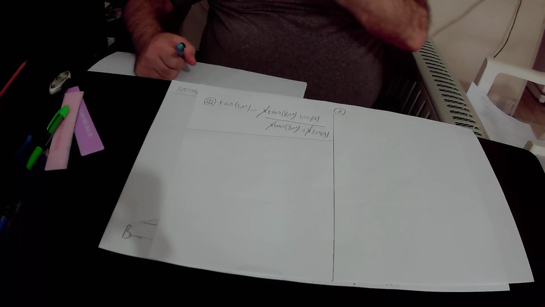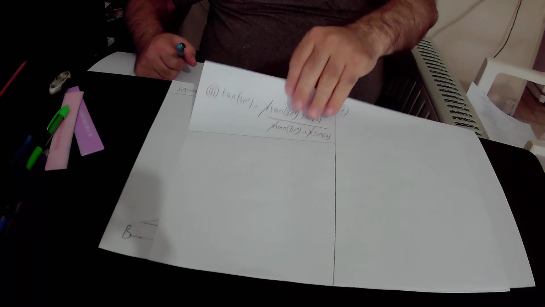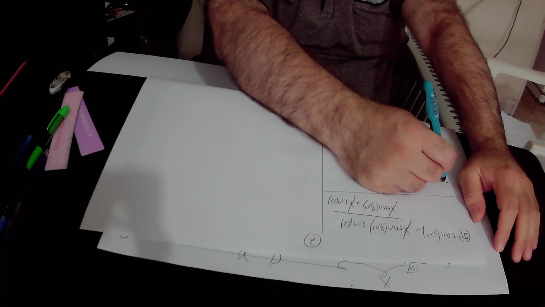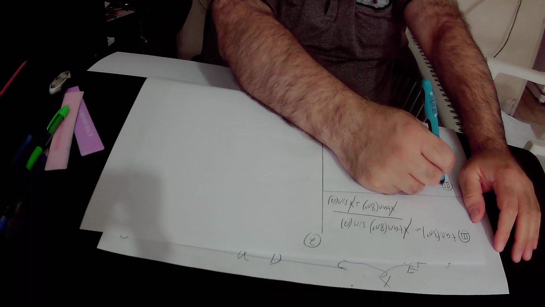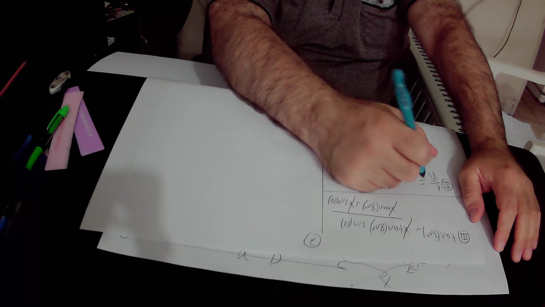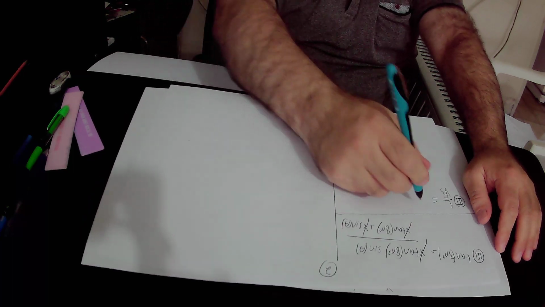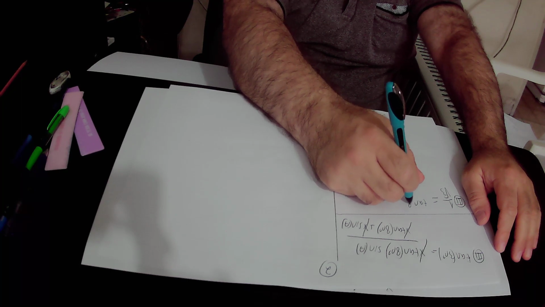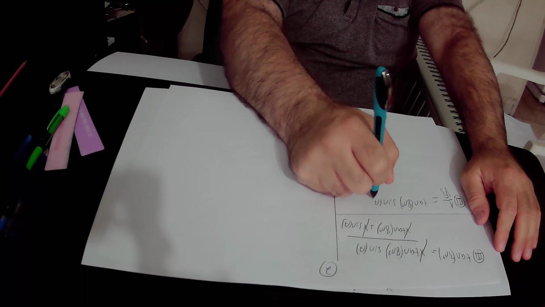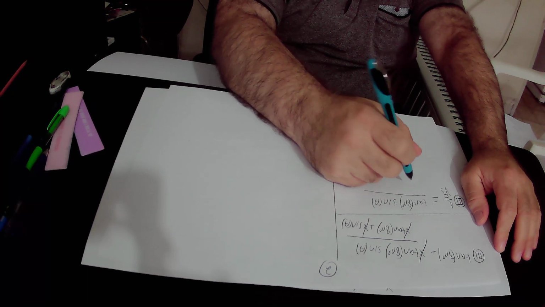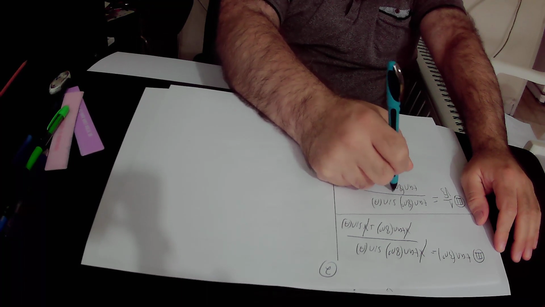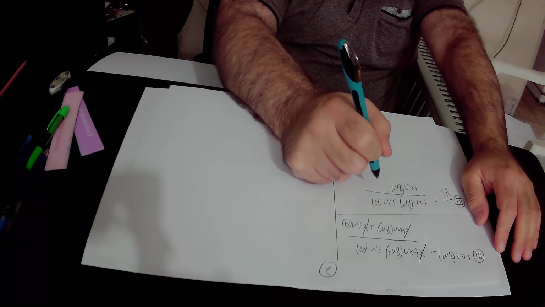We know that tangent 30 degrees is 1 over square root of 3, so I write it down. That equals tangent 80 degrees times sine theta over tangent 80 degrees plus sine theta.